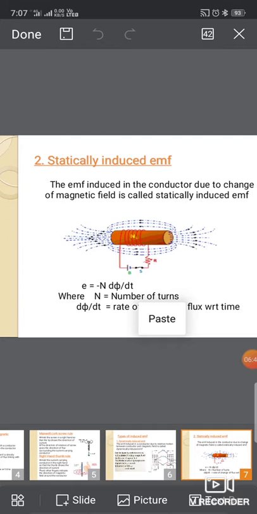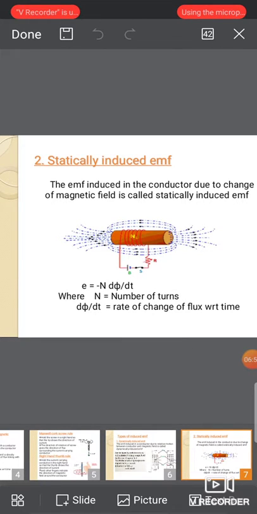That flux links the coil itself, and EMF will be induced in the coil. That EMF is called statically induced EMF. So in this case, the field is moving whereas the conductor is stationary.